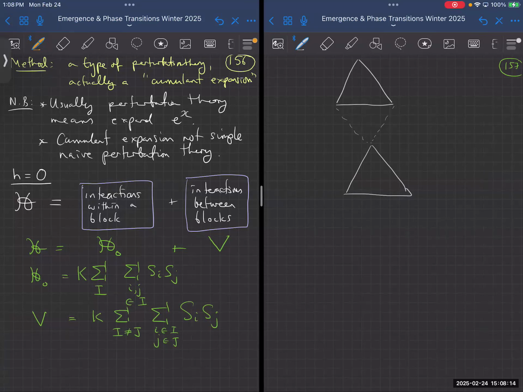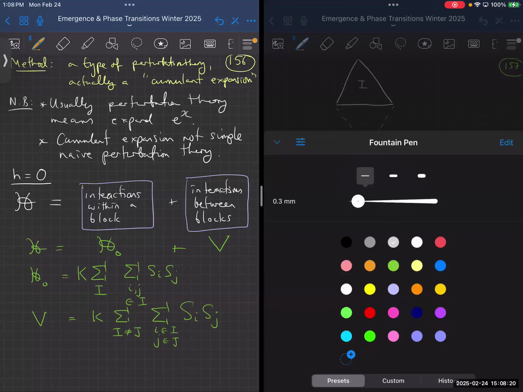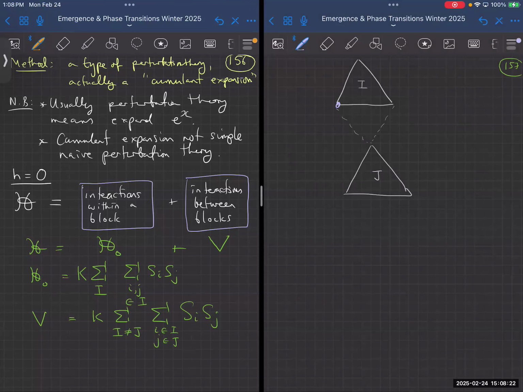So here are block spin I and j, like so. Let me draw the variables. So here would be 1, 2, 3, and then 1, 3, 2, like so.